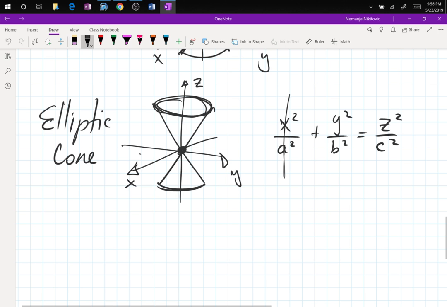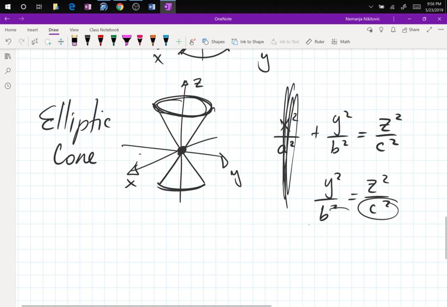If you cut out x, then your equation is y squared over b squared equals z squared over c squared. These are numbers, so you don't have to worry about them at all. You can just worry about variables. And if you square root both sides, you get that y is equal to plus minus z, or if you want to say z is equal to plus minus y, no one cares.